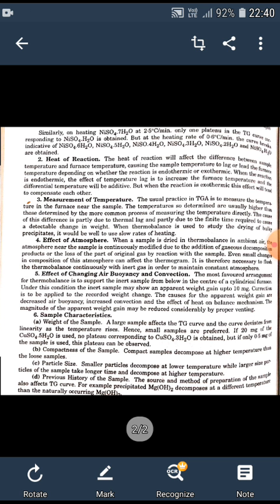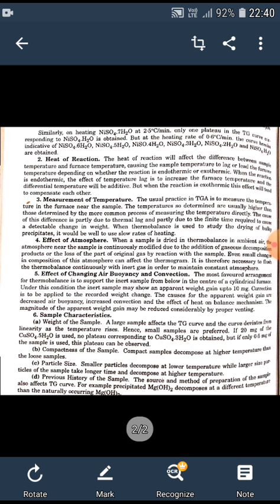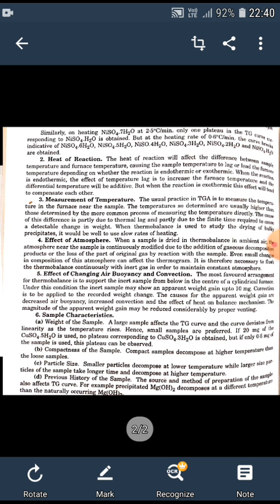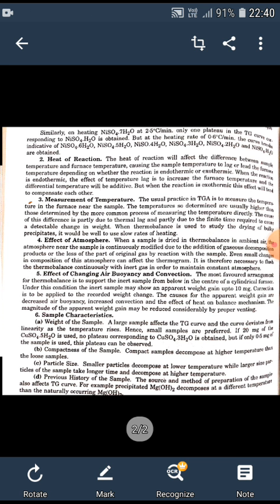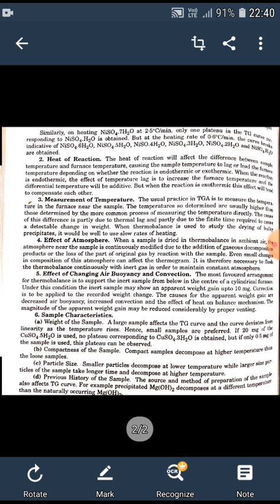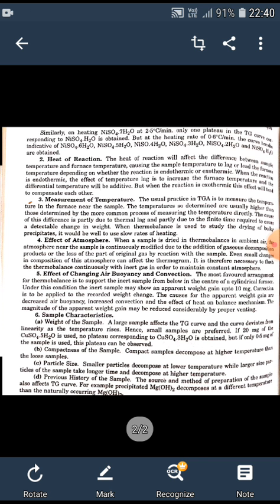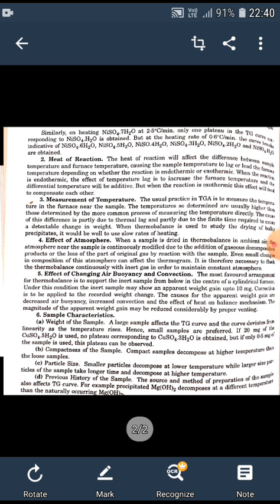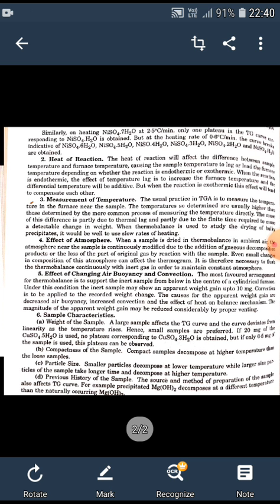The second factor affecting the thermogravimetric analysis is the heat of reaction. The heat of reaction will affect the difference between sample temperature and furnace temperature and causes the sample temperature to lag behind or lead the furnace temperature depending upon whether the reaction is endothermic or exothermic in nature.